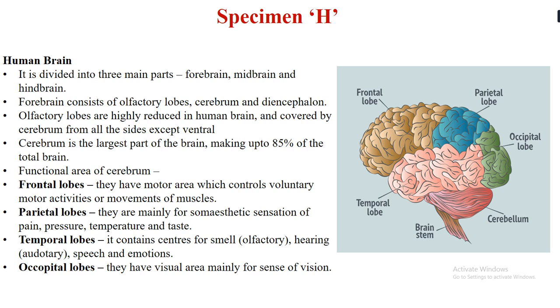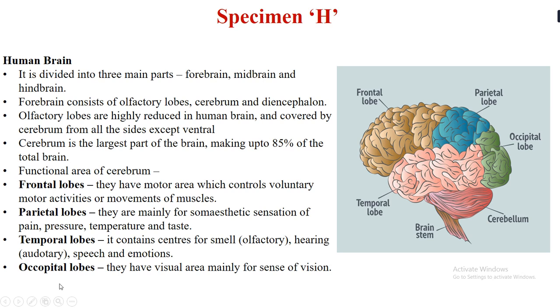Then comes the temporal lobe, which is a center of smell. So this is where the olfactory lobe is attached. Other than this, it is also responsible for auditory functions, that means hearing, and it is responsible for your speech and also your emotions.